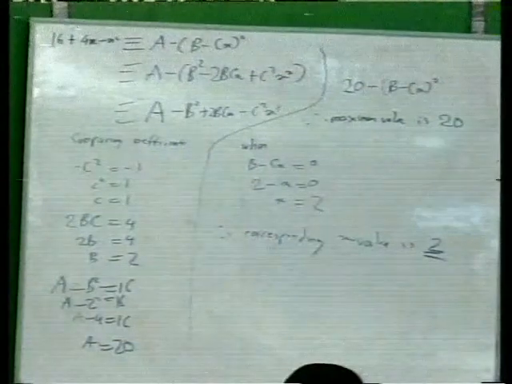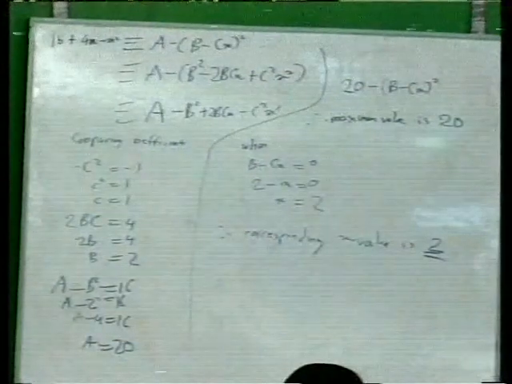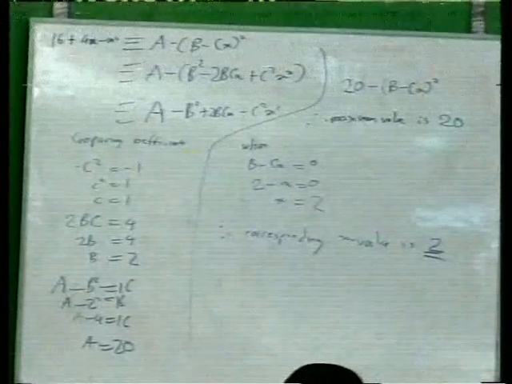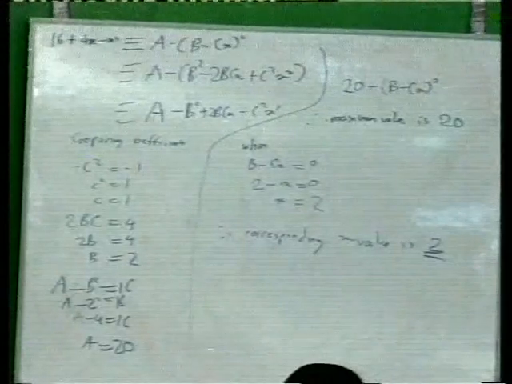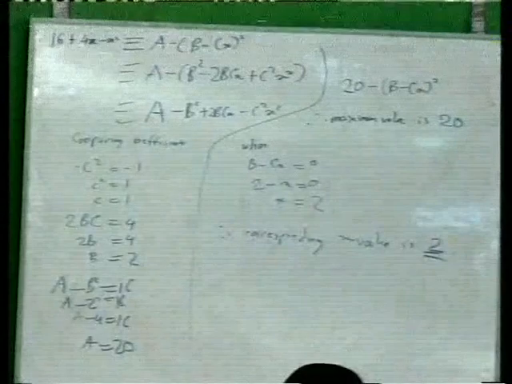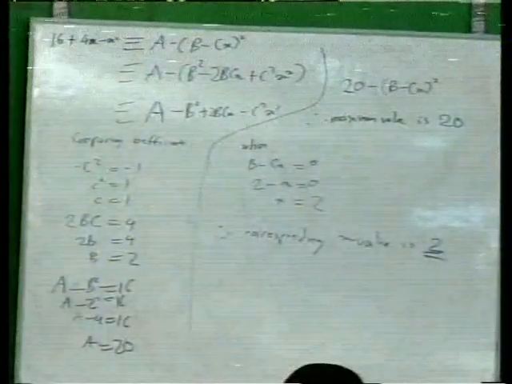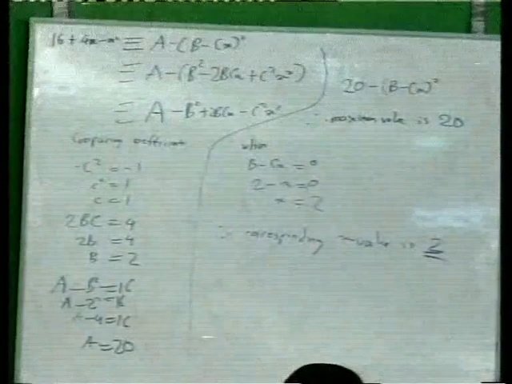They correctly expanded the expression, they compared the coefficients, and they got the correct values for A, B, and C. They substituted correctly and realized that the maximum value will have to be 20. And they also got the corresponding value of x to be 2. Perfect score.